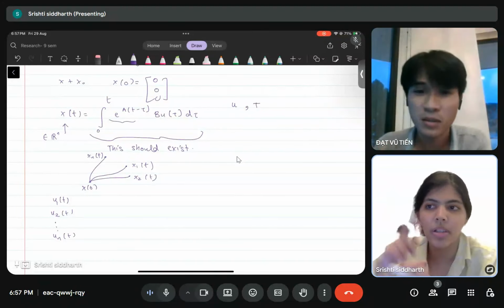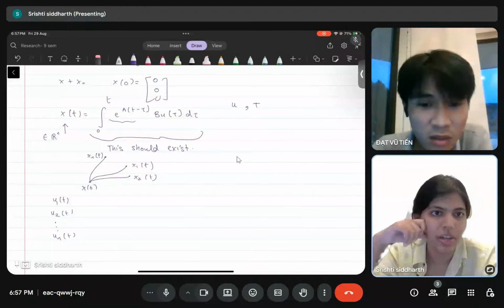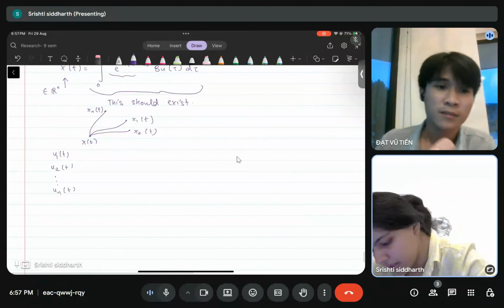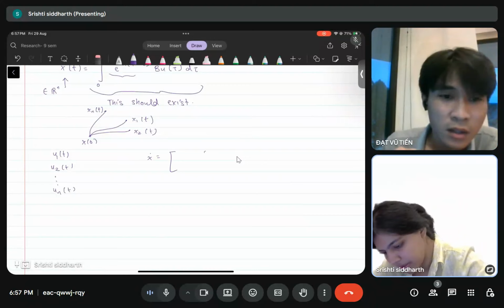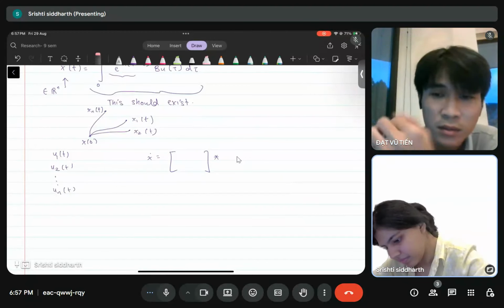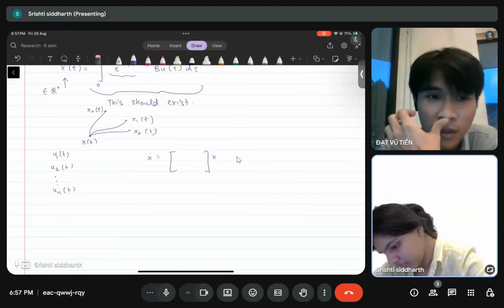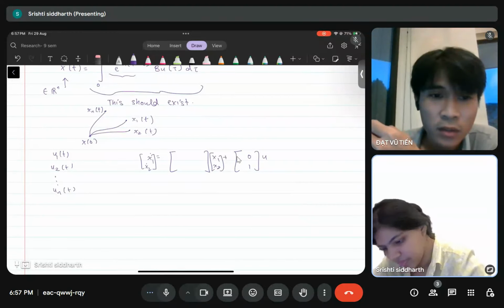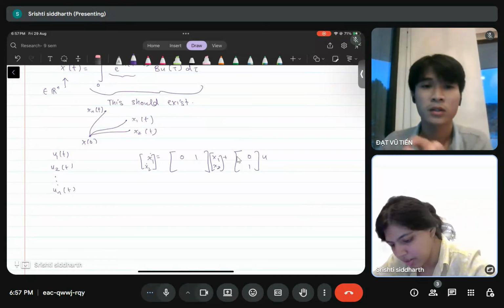That is still fine because the states might be dependent on each other, right? I think it would be, let's see, some second order system. x dot equals A x plus B u, and let's say this is x1, x2. This is 0, 1.